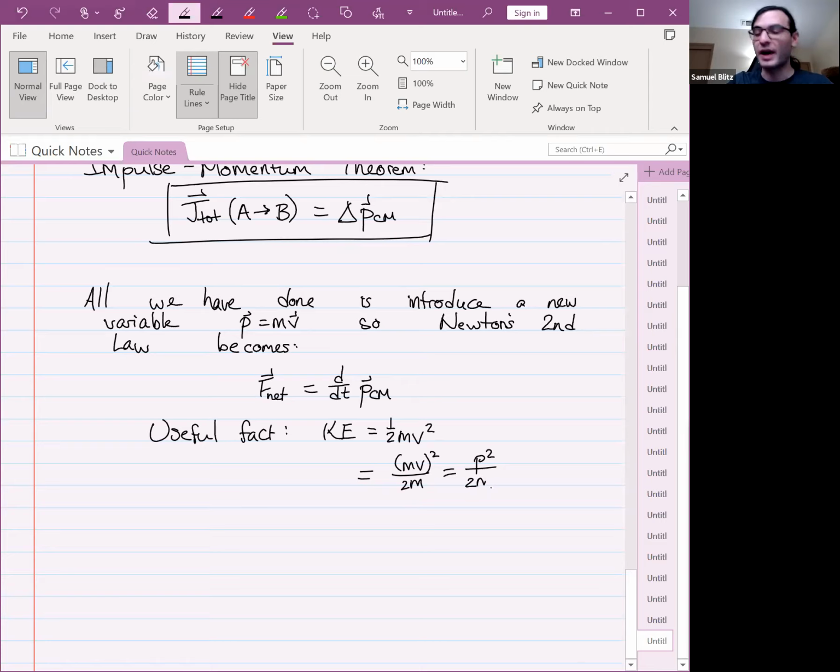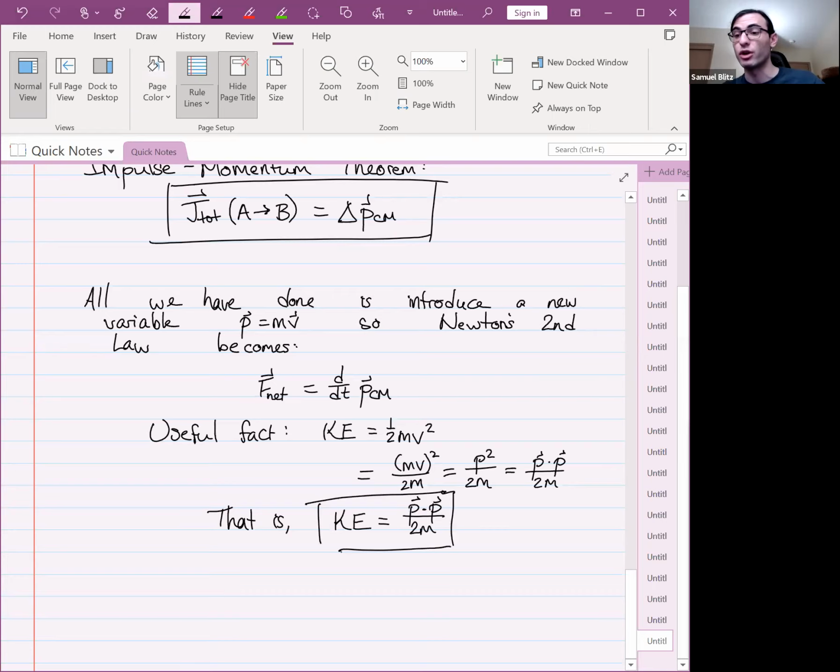Remember, p squared really means the vector squared, which is just p dot p over 2m. So in fact, momentum and kinetic energy are related. The kinetic energy of an object can be found by taking the dot product of the momentum with itself and then dividing by twice the mass. Sometimes you only know things about the momentum, and maybe you don't know the mass, so you can't figure out the speed.